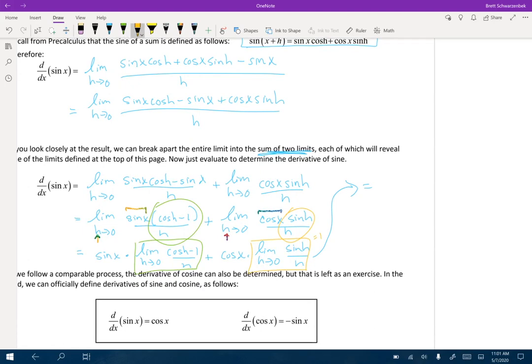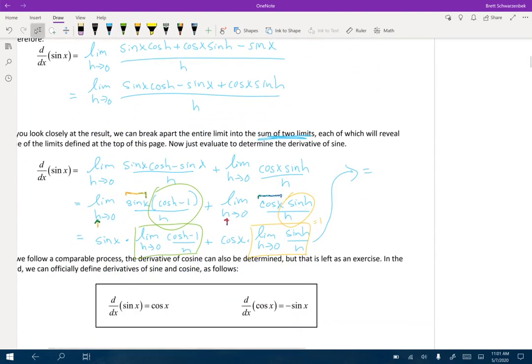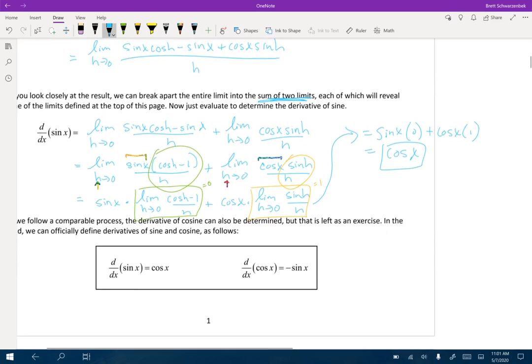And according to our theorem up here, the limit of this function on the right side is equal to 0. So this is 0. So if we write this out, we're going to get sine x times 0 plus cosine x times 1. And if we simplify everything, we get just cosine x, which means the derivative of sine, believe it or not, is cosine.